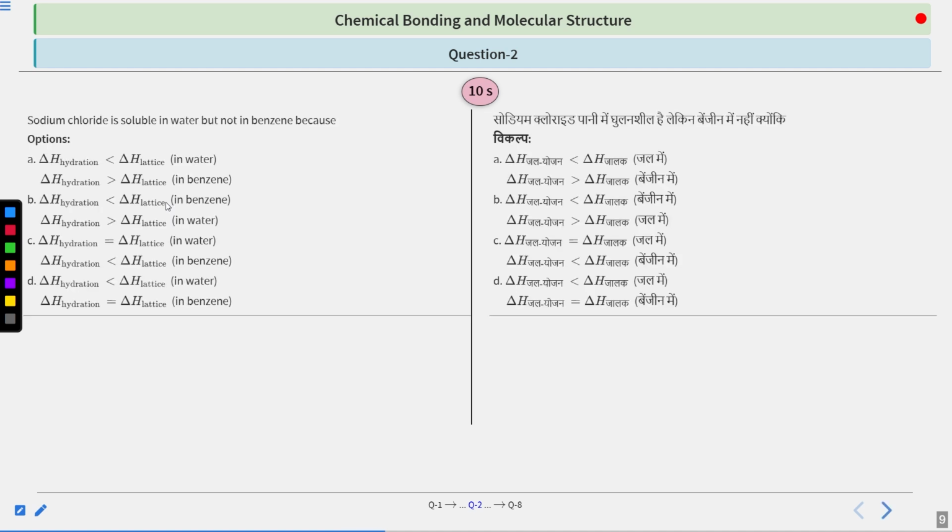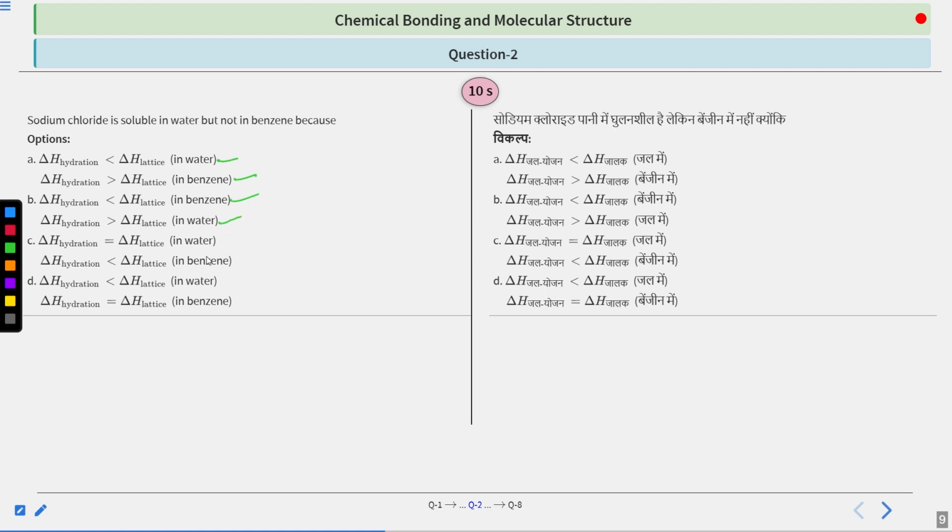Question number 2 says that sodium chloride is soluble in water but not in benzene because, options are: delta H hydration is less than delta H lattice in water. Delta H hydration is greater than delta H lattice in benzene. Option B, delta H hydration is less than delta H lattice in benzene and delta H hydration is greater than delta H lattice in water.